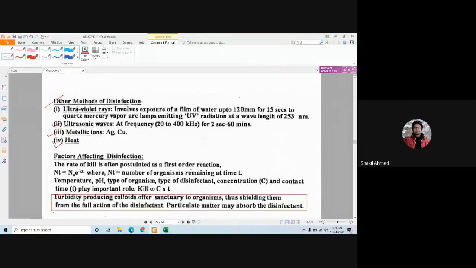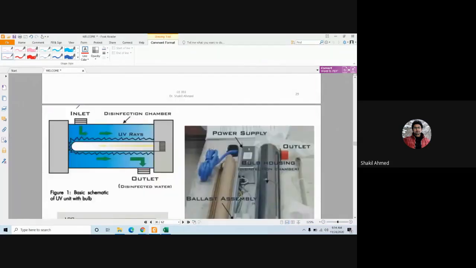Now ultraviolet rays, you see this in university when you try to collect drinking water. Do you see some filters are attached into the wall? Yes, sir. So they actually have three or four tubes, right?